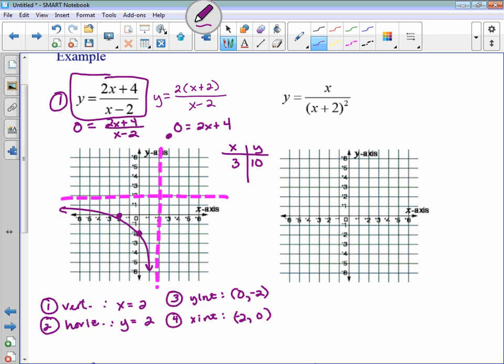What's another number you want to use? 6? You could use 6, you could use 4, honestly, I don't care, whatever you want to use. Does 6 work out nicely? 6. So that would give me 16 over 4, so just 4. So (6, 4), and that's enough, you can draw the shape.